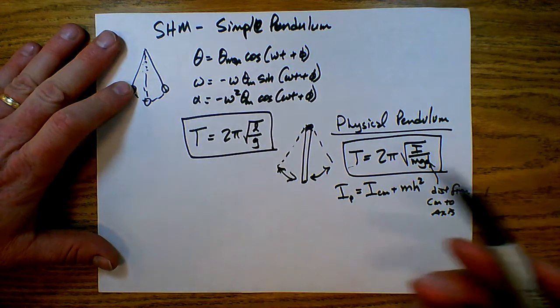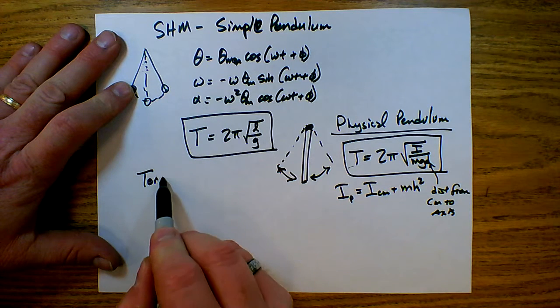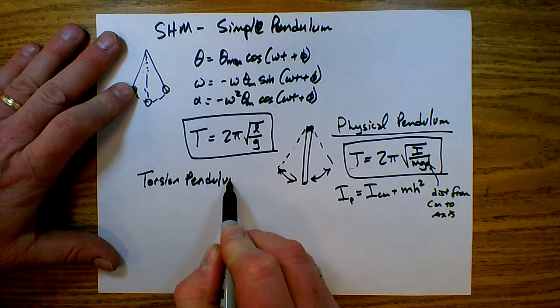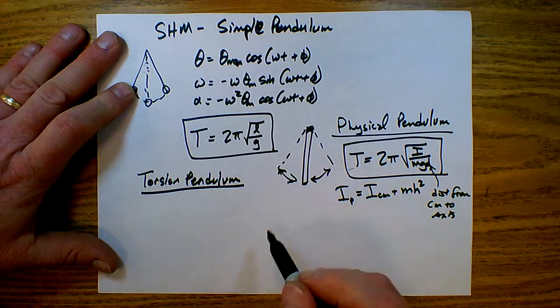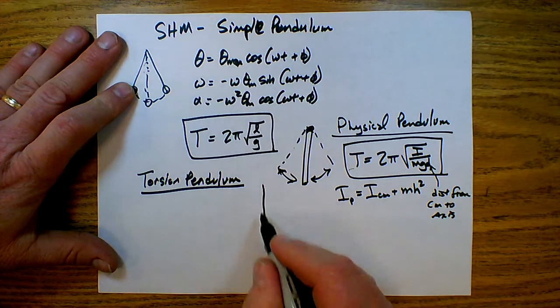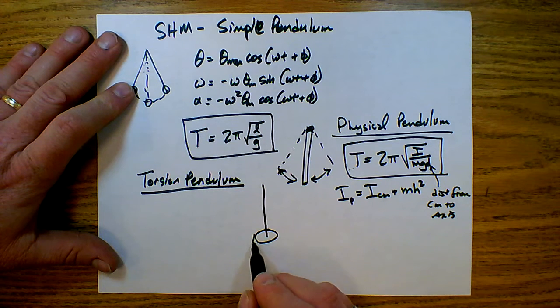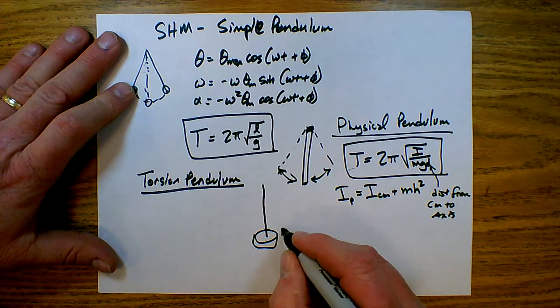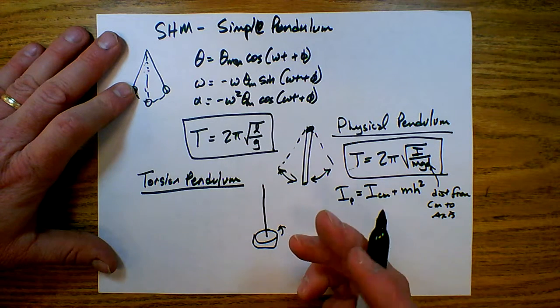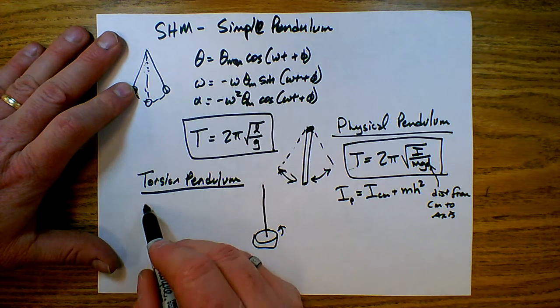Another example of simple harmonic motion is what's called a torsion pendulum. Torsion basically means a twisting force. So a torsion pendulum would be, for example, if I have a rigid rod or a thin string here, and a cylinder is attached at the bottom, which if I displace it one way, that twisting is going to have a twisting restoring force.